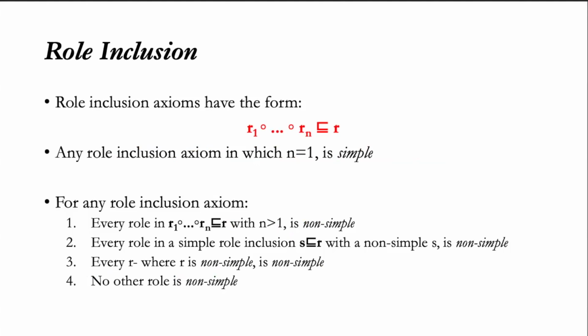And for any role inclusion axiom with n greater than 1, we'll call it non-simple. So the multiple of the R's. Every role in a simple role inclusion where one is a sub role of the other, for instance, with a non-simple S, is itself non-simple. Every R inverse where R is non-simple is itself non-simple. And no other role is non-simple.